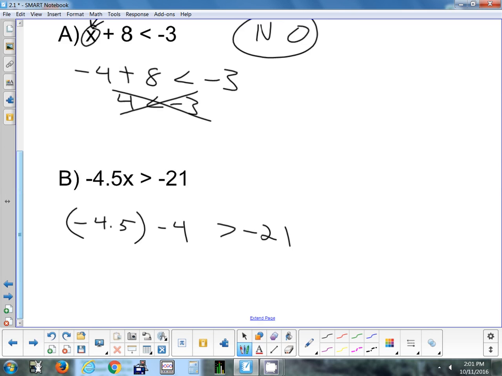Anyone else think that what I wrote there is okay? Or if it's not okay, why not? Yeah, Si? I think it's not okay because then you have to multiply the -4 times the -4.5. Well, what does it look like right now? If you mean multiplication, this is extremely confusing. In fact, this is not right. What does this look like, Josh?